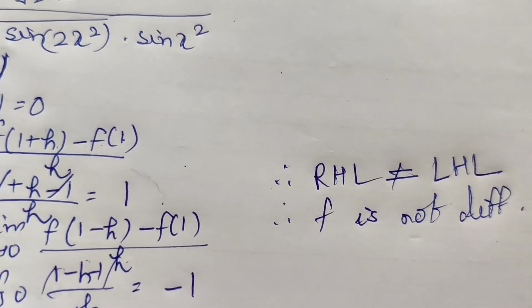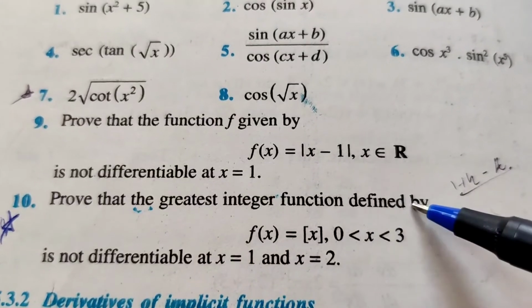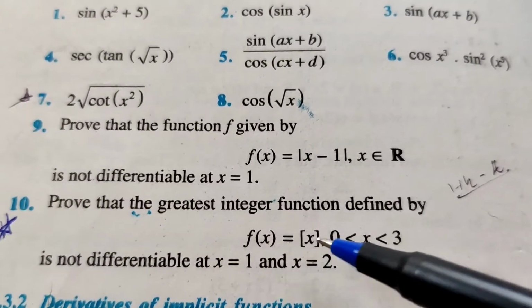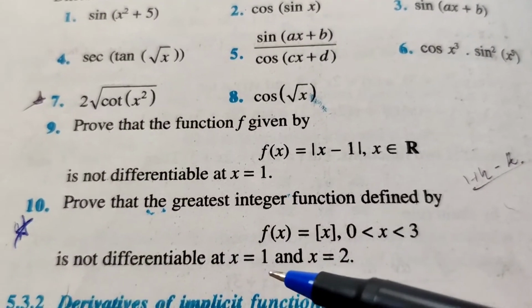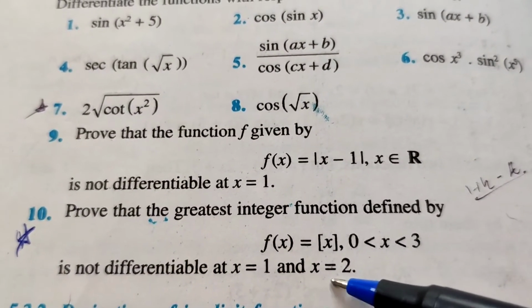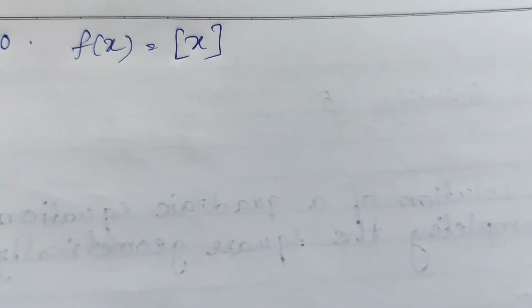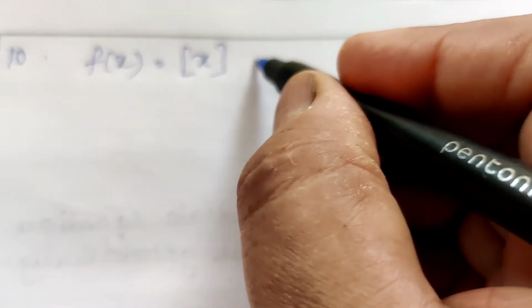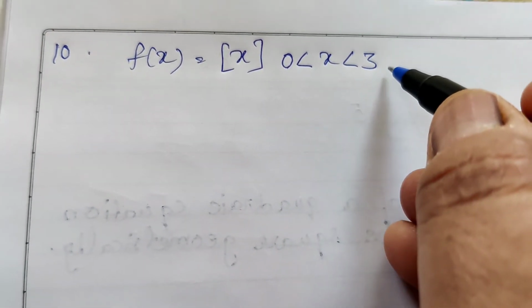Next, question number 10. Prove that the greatest integer function defined by f of x equal to [x], x greater than 0 and less than 3, is not differentiable at x equal to 1 and at x equal to 2. The function f of x equal to [x] is a greatest integer function and x lies between 0 and 3.